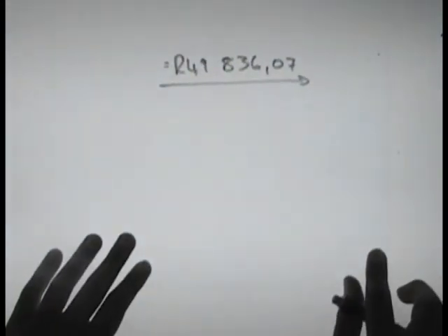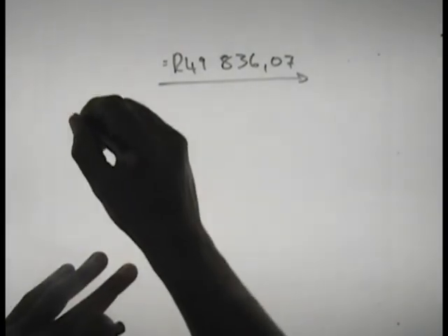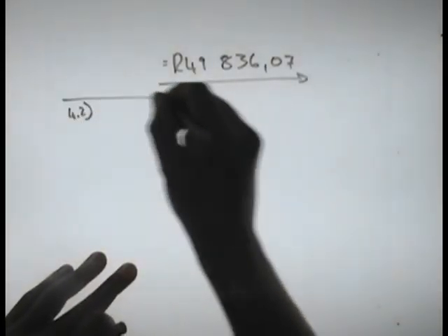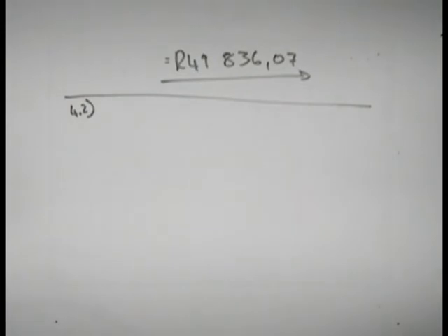4.2. 4.2 read, if the depreciation was on diminishing balance, what would its value be at the end of 3 years?